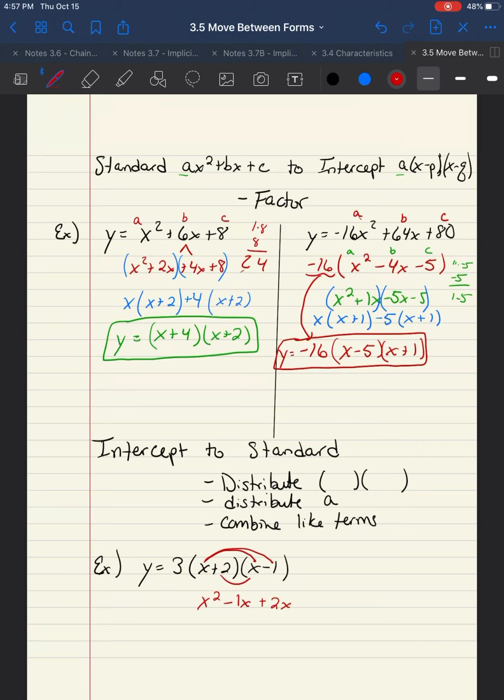x times x. x times negative 1. 2 times x, 2 times 1.